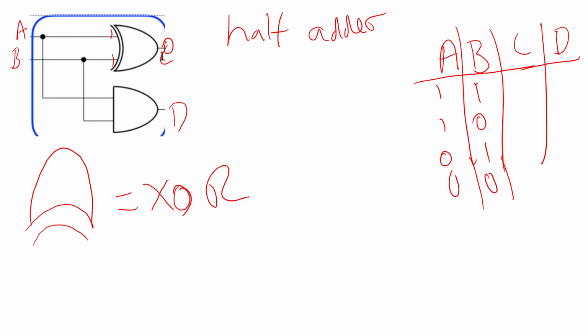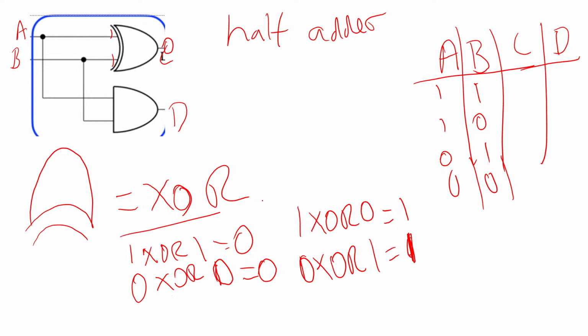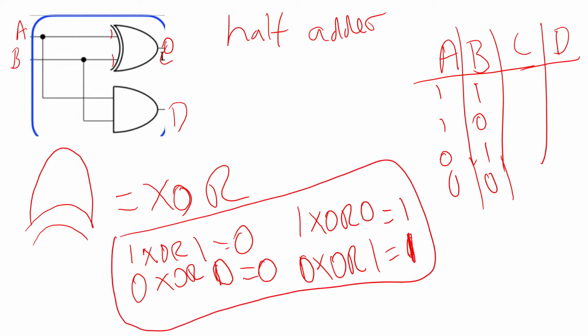And the rules for XOR are simple: 1 XOR 1 equals 0.